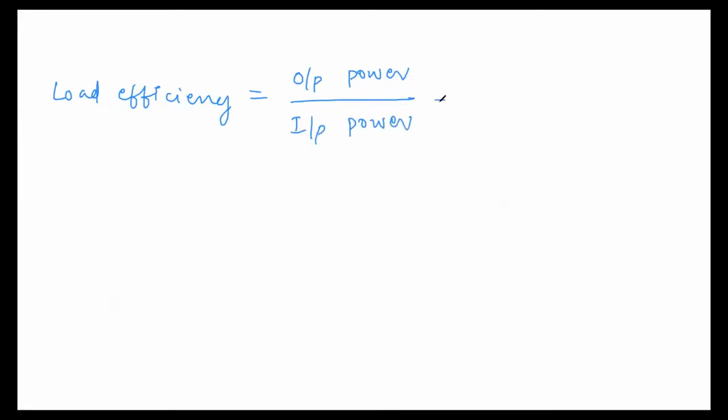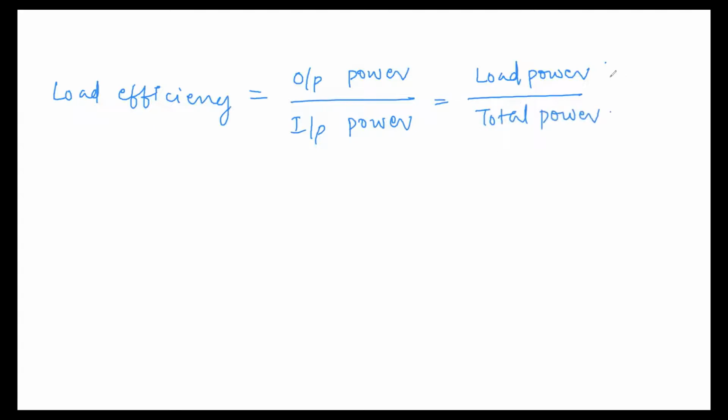The output power can be called the load power, which here is RL. So load power divided by total power.